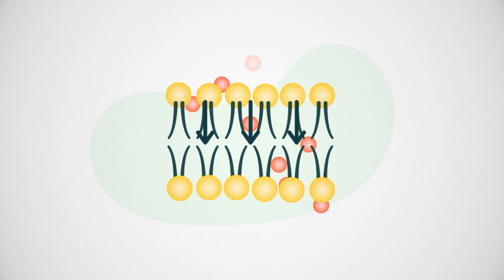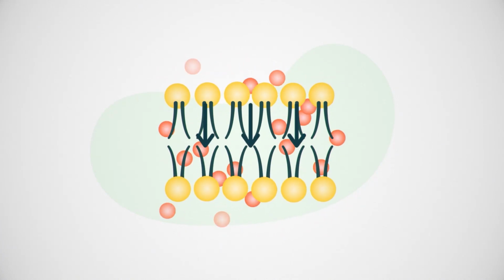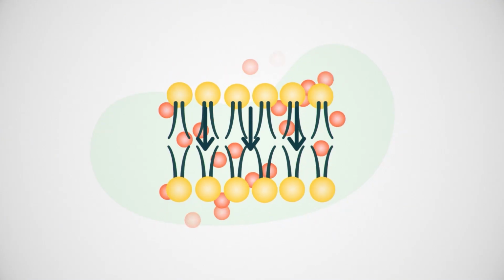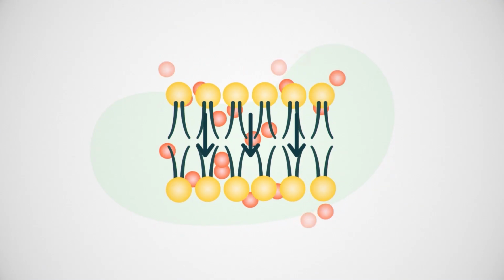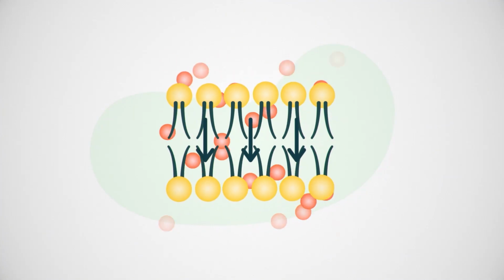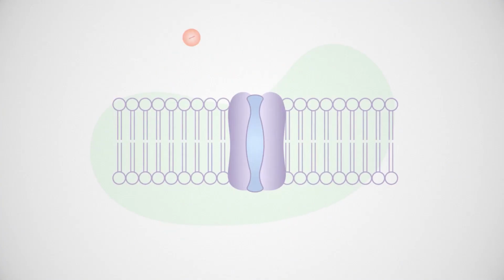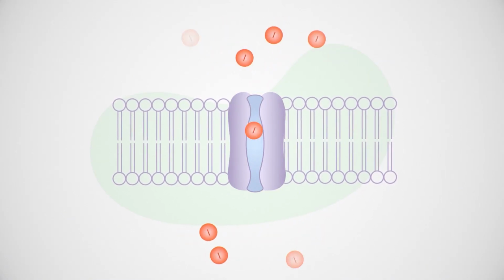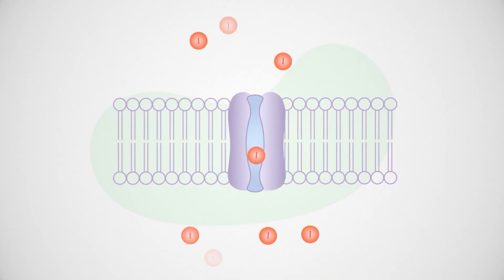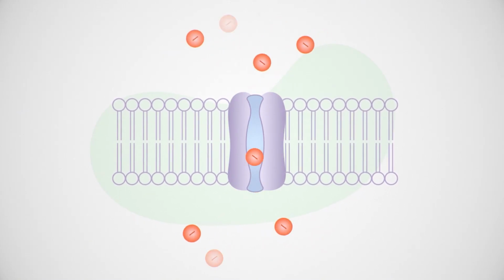Simple diffusion is the no-energy-needed transport where the molecules move from an area of greater concentration to an area of lesser concentration. The diffusion speed depends on the size, lipophilicity, and ionization grade of the molecule. Facilitated diffusion, where a transporter canal protein makes a complex with the substance, diffusing it through the cell membrane without energy waste.